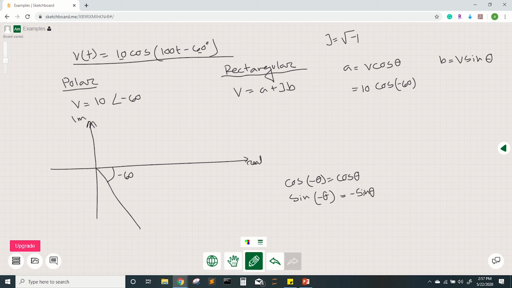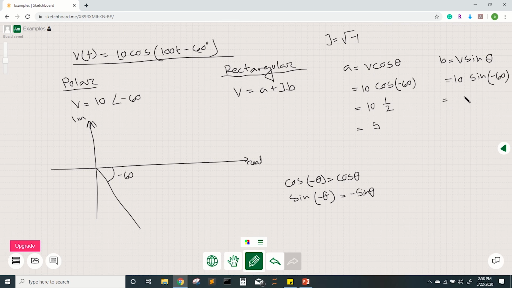So here we get 10 cos 60 degrees, which is half, so we get 5. And V sine theta is 10 sine minus 60 degrees.